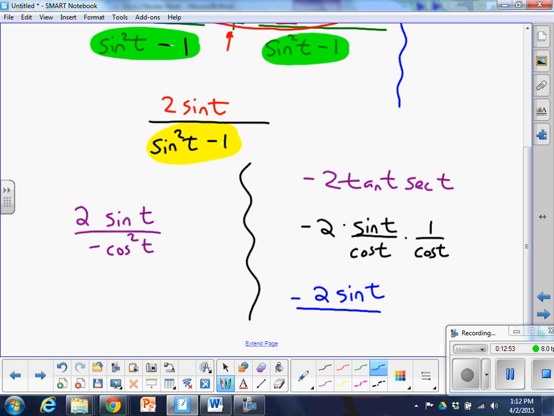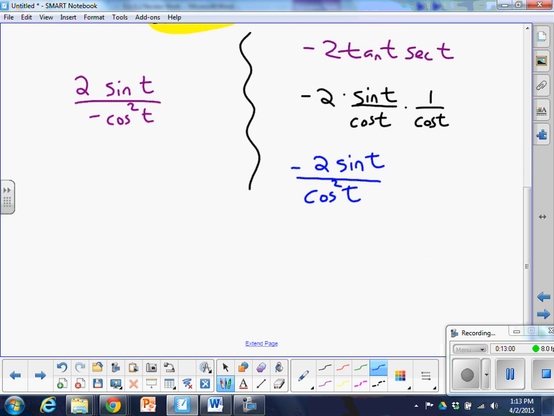The denominator is cosine times cosine, so cosine squared t. Okay, and the negative looks like it's in a different place, but remember, in a fraction, if one of the pieces is negative, then the entire fraction is negative. So we could do it this way if we wanted, just to show they're exactly the same. Okay, there we go.